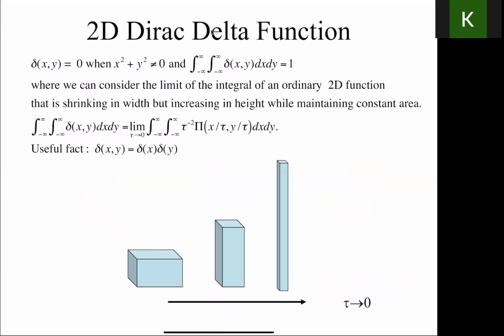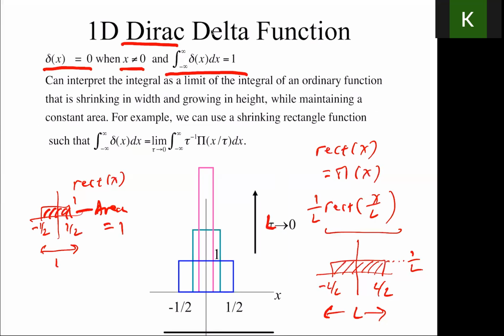I have a question. Yes, go ahead. So when we refer to the delta function, are we referring to the Dirac delta function or the Kronecker delta function? That's also a great question. Dirac is when we're in continuous time.